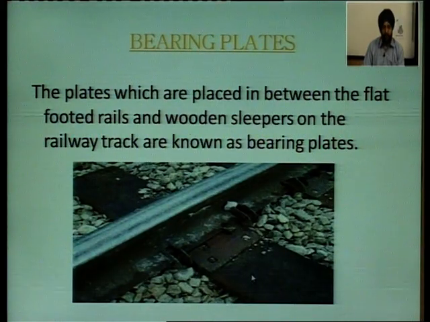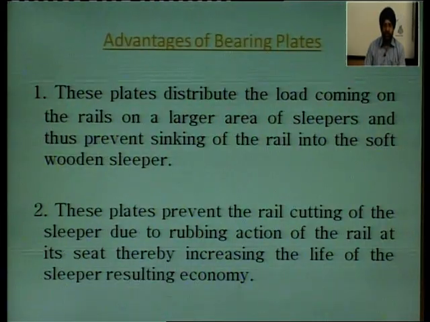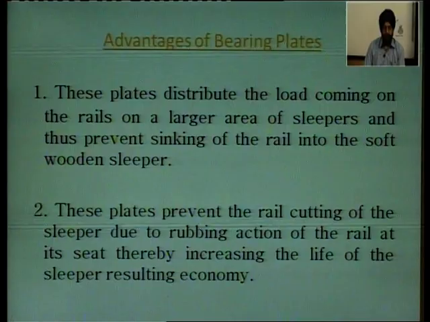Since the wood of the slipper is soft, it will sink into it, and that may cause damage in the future. So, these bearing plates play a very crucial role by distributing the load coming on the rails over a larger area of the slippers, thus preventing the sinking of the rail into the soft wooden slipper.